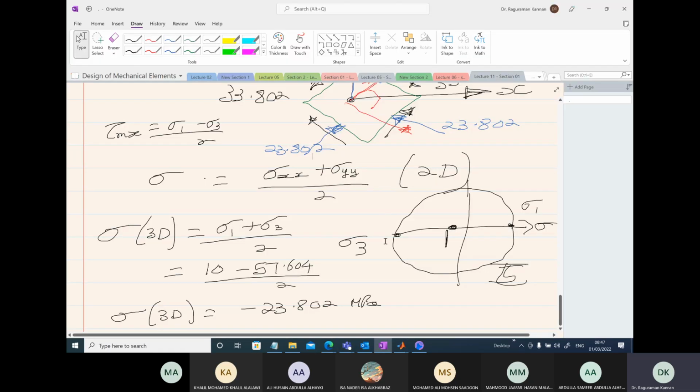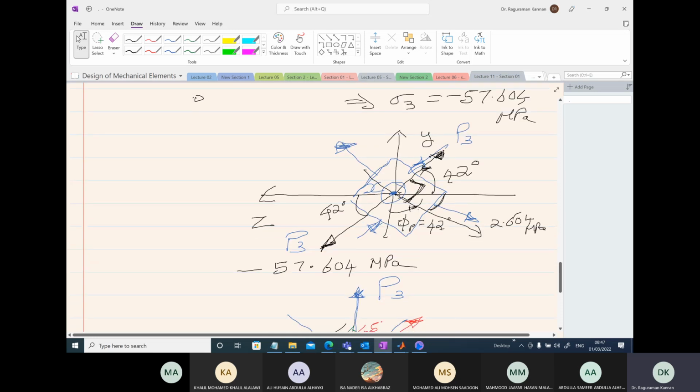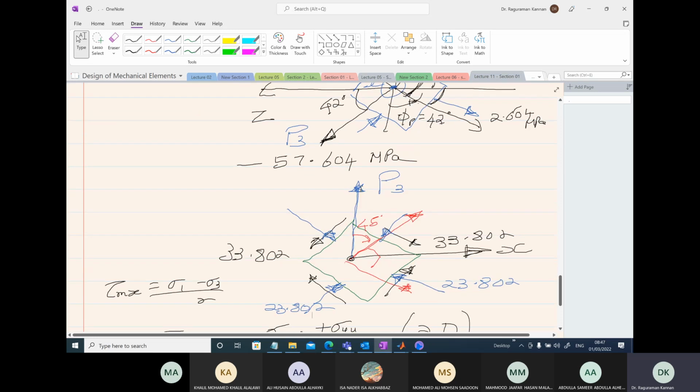Whenever you solve the problem, if you have any doubt, go home and try to solve the same problem and plot these stress elements in different directions. So you have to carefully get the directions for the maximum shear stress. If you do not get the directions correctly, then everything will be wrong.